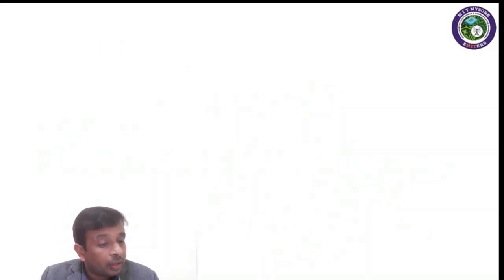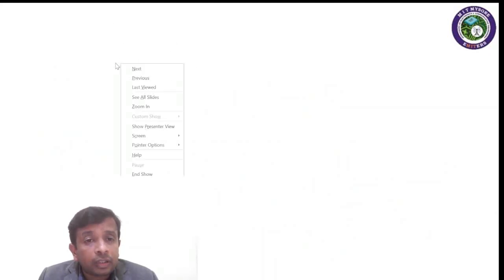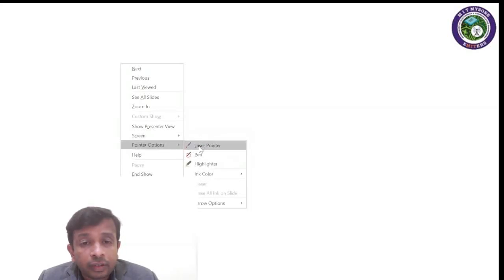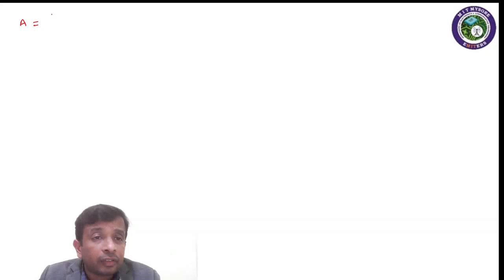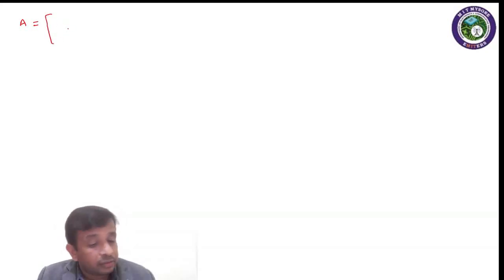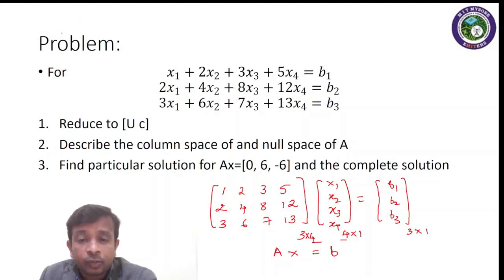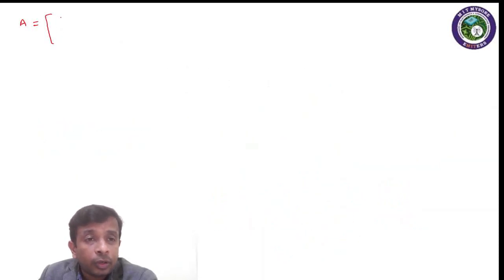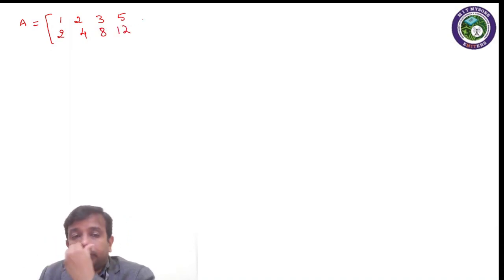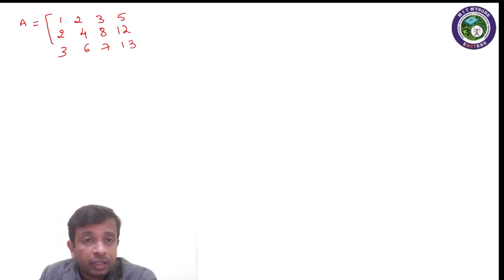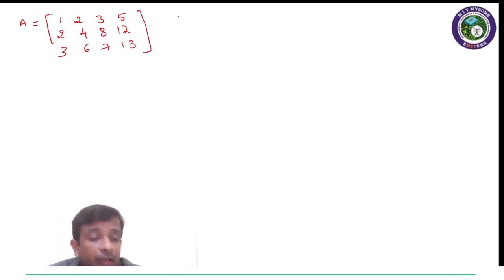Moving ahead, if I go with the row operations, I start with the matrix A obtained from the equations, from the previous slide, that is 1, 2, 3, 5, 2, 4, 8, 12, 3, 6, 7, 13, right?